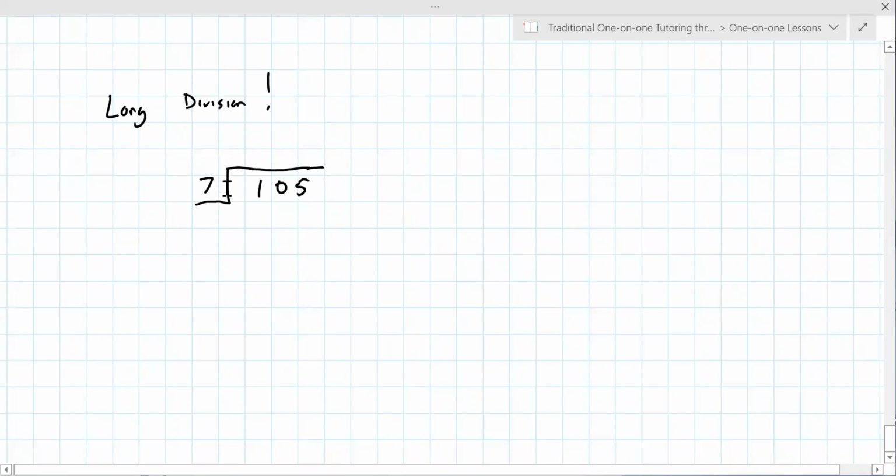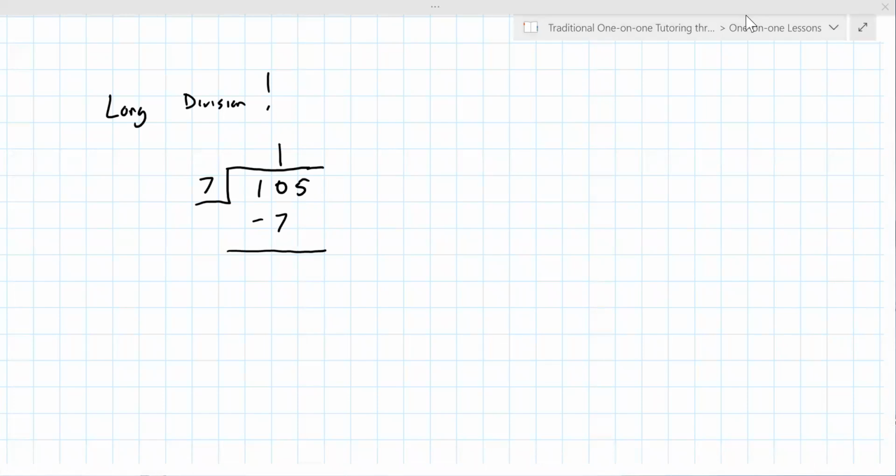All right, so how many times does 7 go into 10? Start with that. 1. 1 time, so you put the 1 above the 0, because it doesn't go into 1, but it goes into 10. So what is 1 times 7? 7. You subtract. What is 10 minus 7? 2.